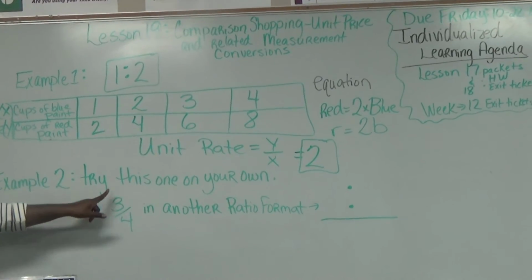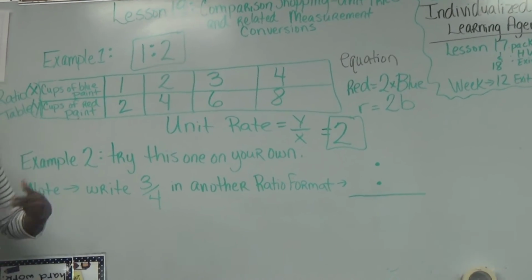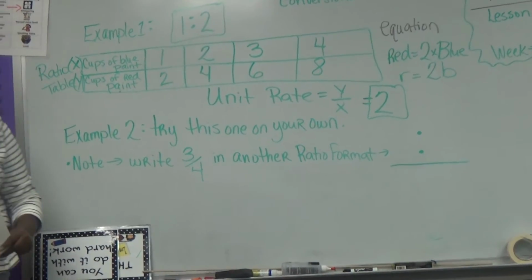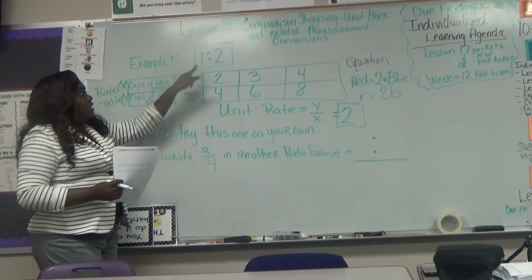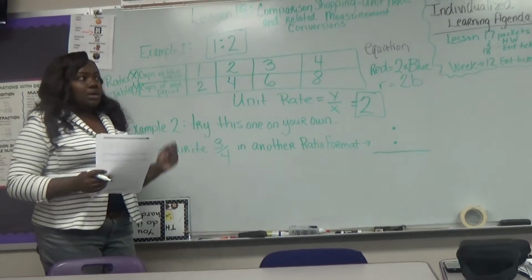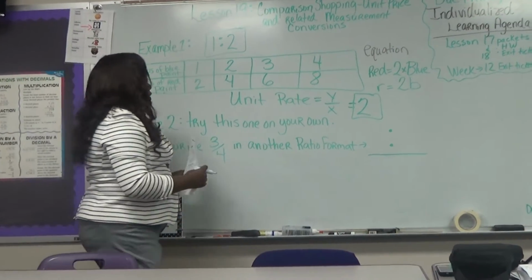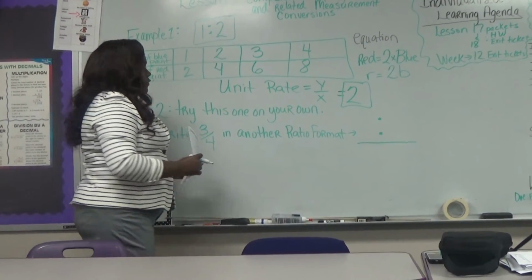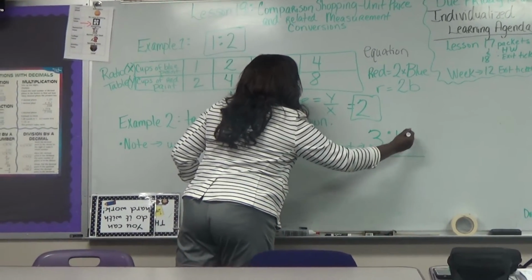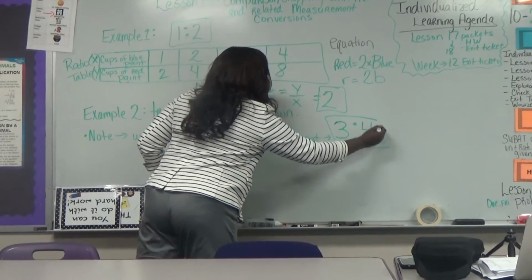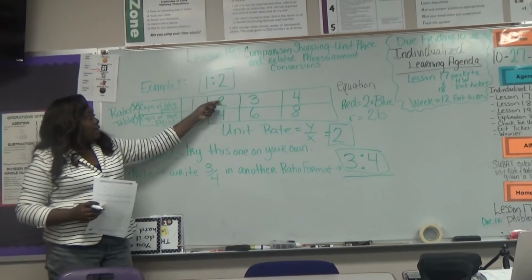It gives you the fraction 3/4. But we know that we can write a ratio in 3 different forms, right? So let's change 3/4 to look just like this 1 to 2 looked. I could use a colon or the word what? Or the word to. So instead of having 3/4 as a fraction, I'm going to change it to 3:4.